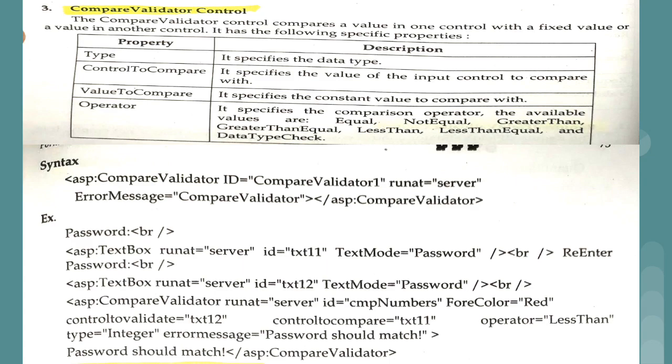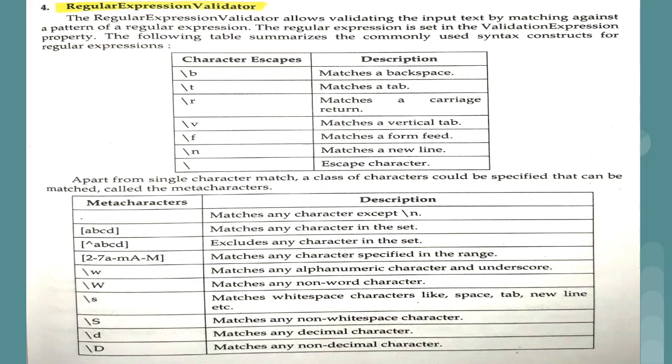Now we are moving further. The next validation control is the regular expression validator. Regular expression validator means whenever you want the input in a specific format, and only then accept that input. This is the requirement. In that situation we make use of the regular expression validator.